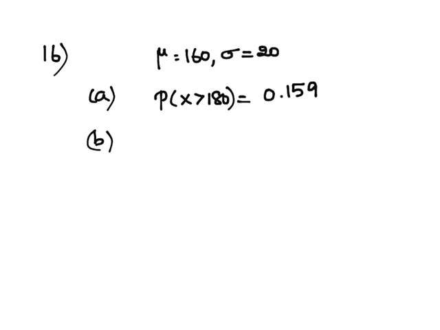And the second part is, in this group of students, 11.9 percent have heights less than d. So the probability that the height is less than d is 11.9%, so 0.119. Find the value of d. So obviously you have to use inverse normal. Tail is left, area is 0.119.